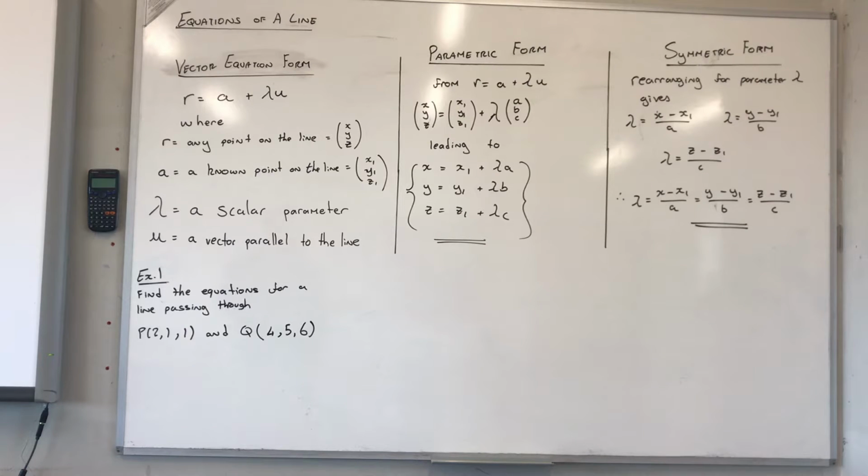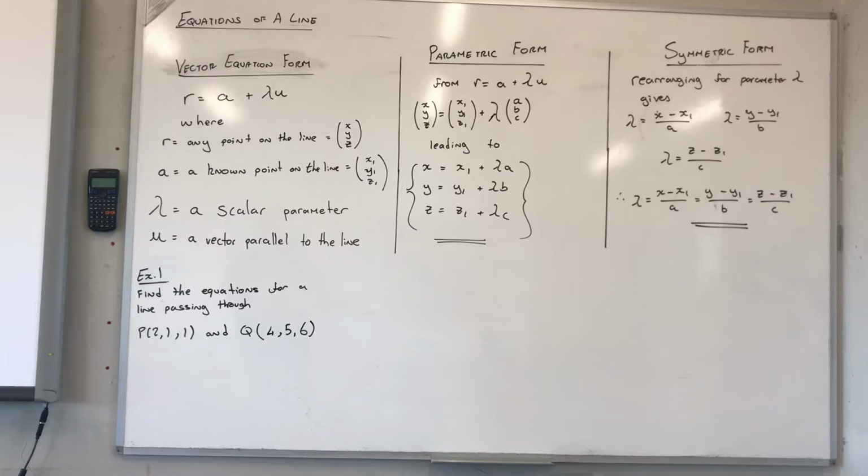That is the parametric form, a system of equations. From the parametric form, we can get the symmetric form. Rearranging for the parameter lambda gives lambda equals x minus x1 over a, lambda equals y minus y1 over b, and lambda equals z minus z1 over c, which we can express as lambda equals x minus x1 over a, equals y minus y1 over b, equals z minus z1 over c. So those are the three different forms.